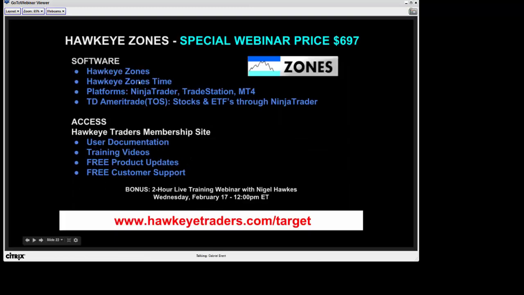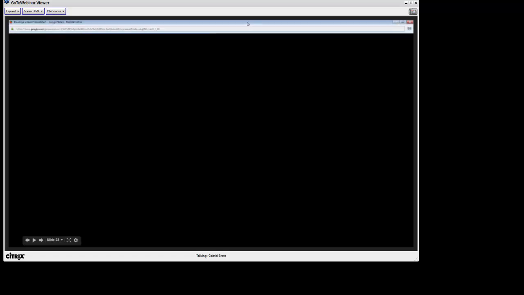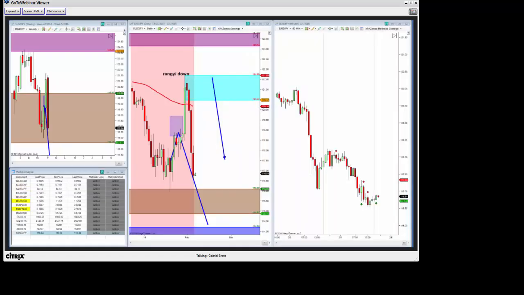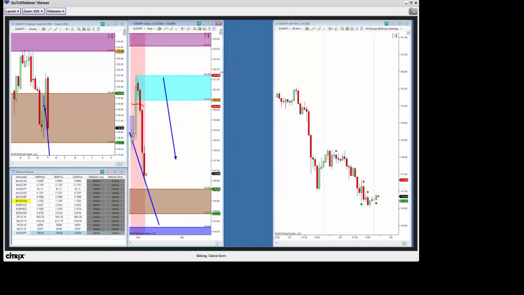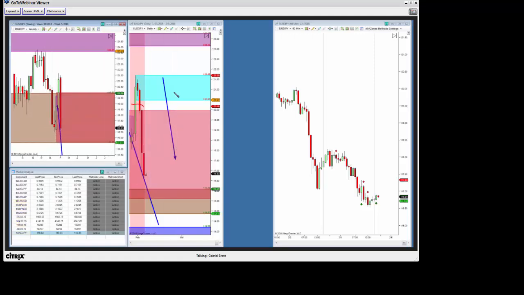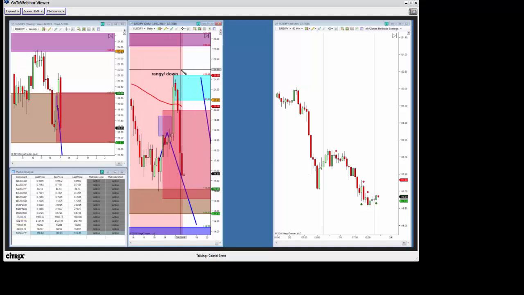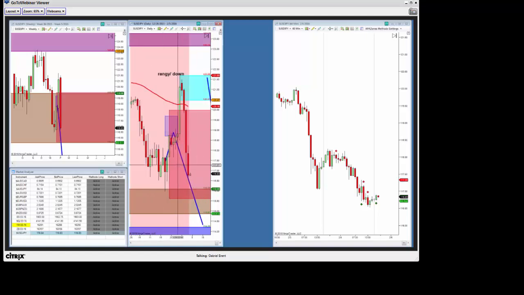As we're looking at this, we're going to be looking for a fractal time frame from a bigger chart over to our secondary time frame, and we're going to be looking for this to line up all together. So you're going to see zones that are inside of zones as we're defining things.